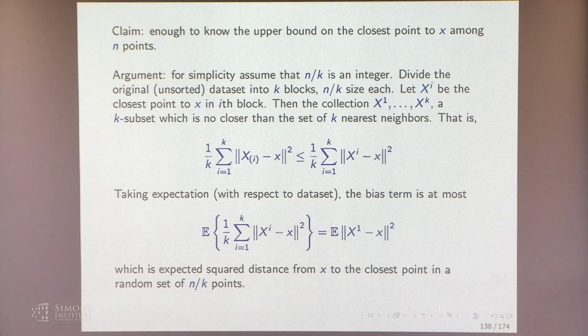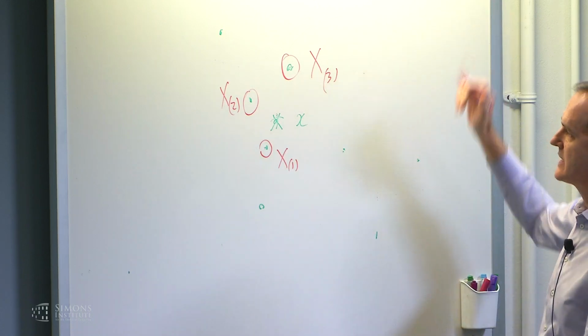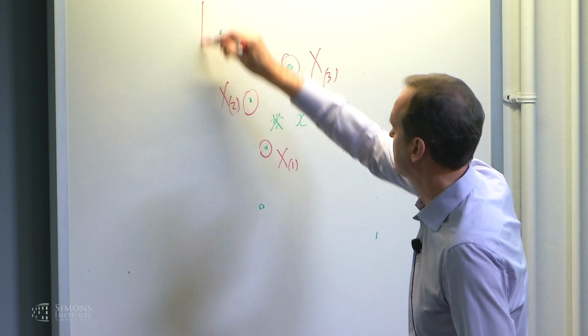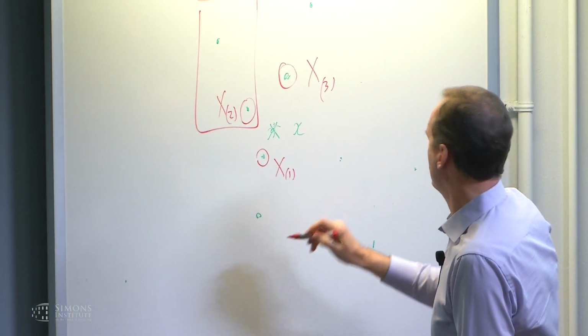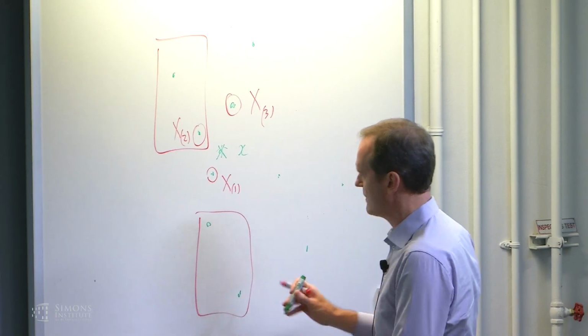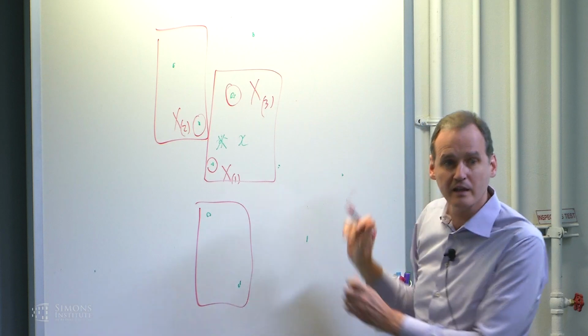Does that make sense? Sorry, so you're looking at the nearest neighbors in the partition? I'm saying instead of looking at the k nearest points, I'm going to take my set of size n and split it up into k sets. Maybe that's one set. Maybe there's some other set down here of size n over k, some other set like this, and so on.